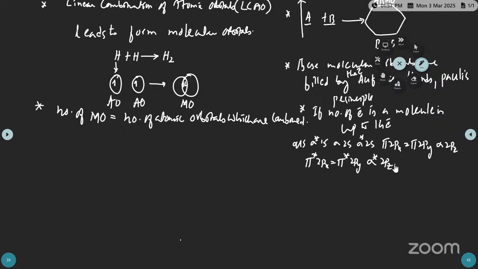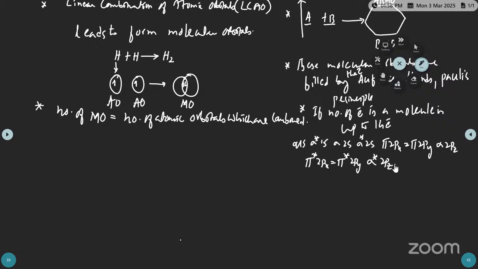Here the energy order of molecular orbitals varies only in one place. If the number of electrons is above 14, the energy order of pi star 2px and pi star 2py changes. So up to 14 electrons, this is the molecular electronic configuration.